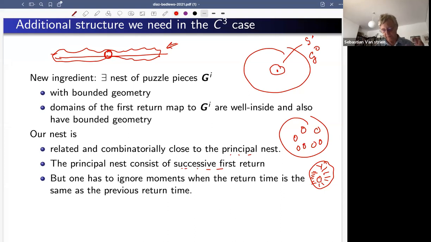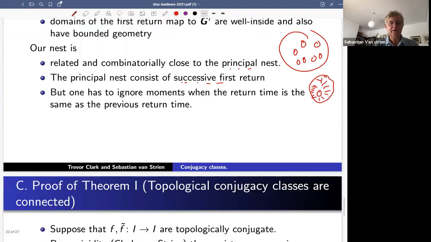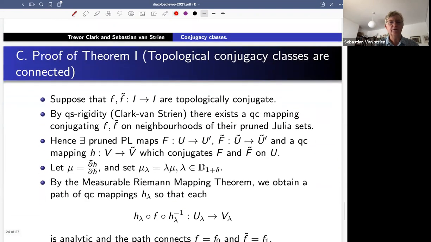We already knew there were different nests, a different story, but the enhanced nest may have this property. But for our application for C3 maps, that was not quite enough. And so we have these G_i, and we make that discussion much more precise than what we have.